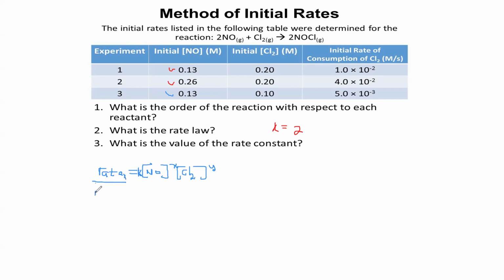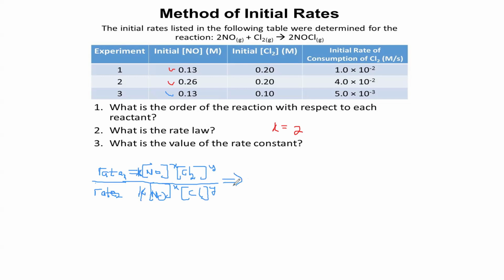So for rate 2, we are also going to have k times NO power x, and then chlorine Cl2 power y. And of course we can equate them. So this x will now cancel this x.